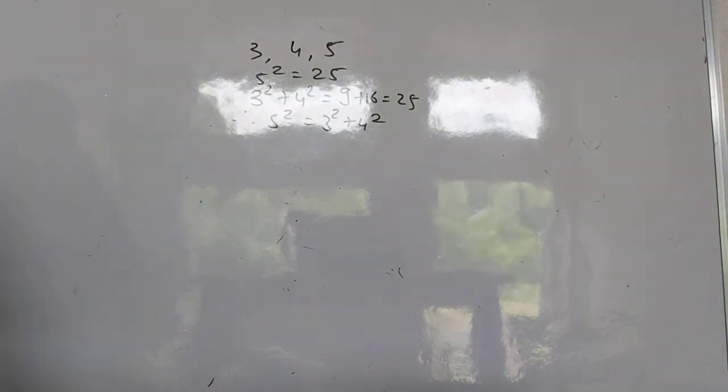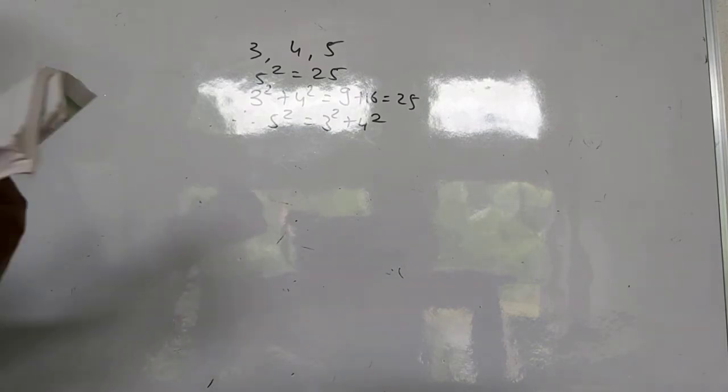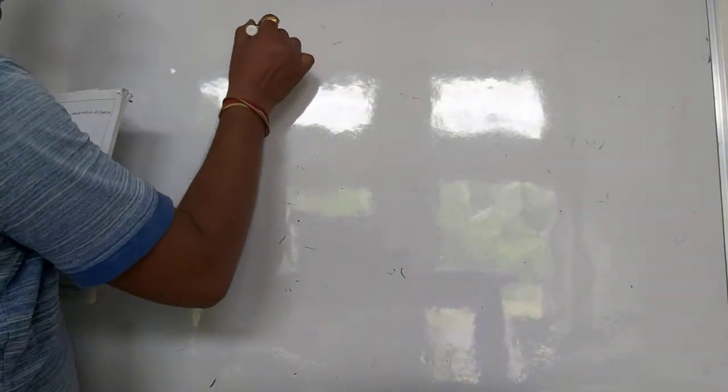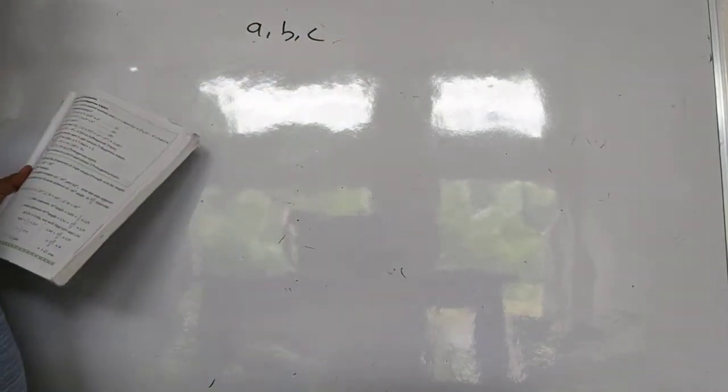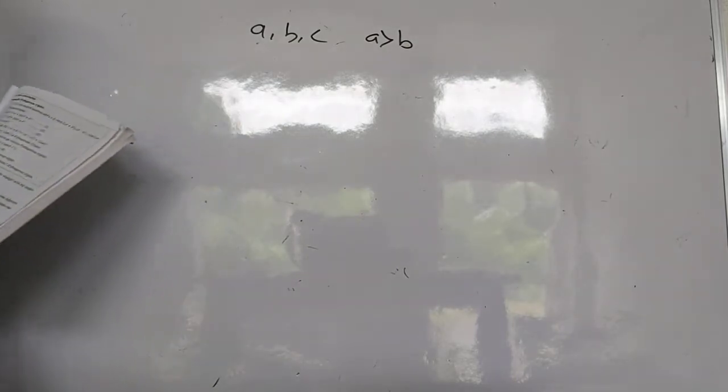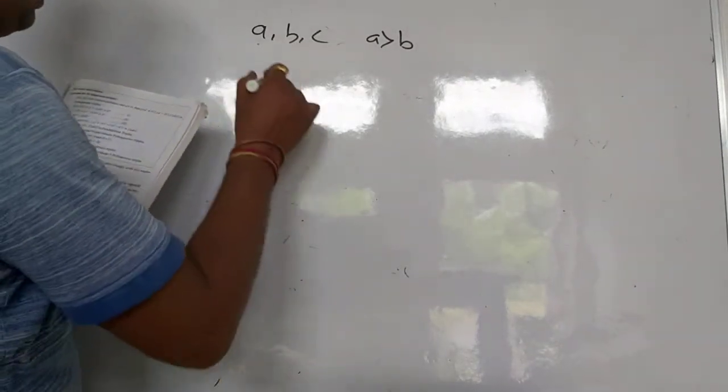Okay. Next, they have given the formula for Pythagorean triplet on page number 31. First of all, they have said that a, b, c are natural numbers, with the condition that a is greater than b.